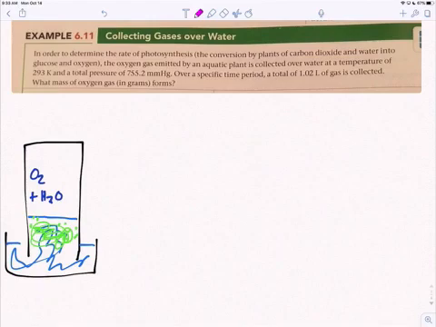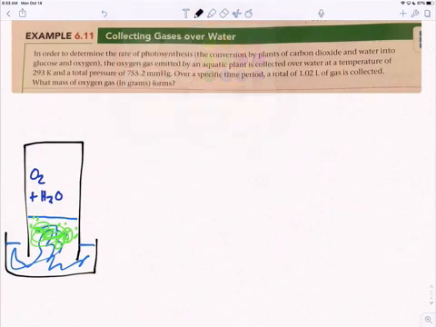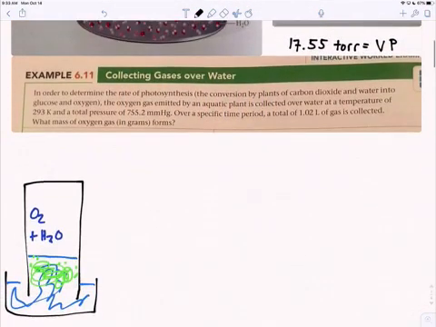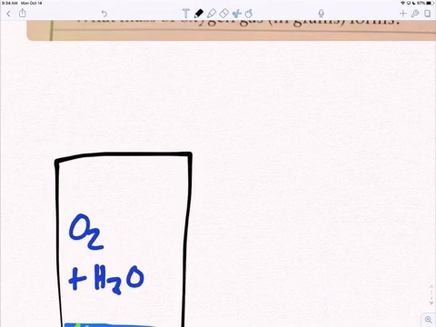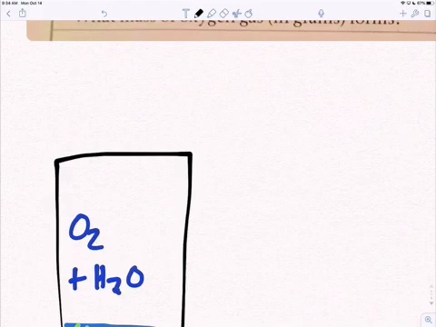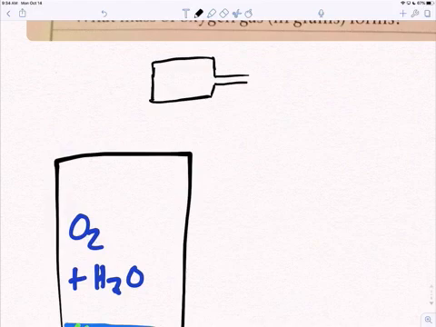Okay, I guess I should explain why we keep on using millimeters of mercury. Nowadays we have pressure sensors that just outright give the pressure. But an older, archaic pressure sensor: you have your reaction vessel, and attached to that is something we called a U-tube apparatus.